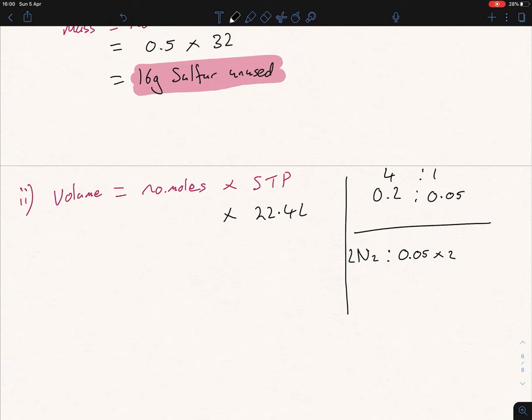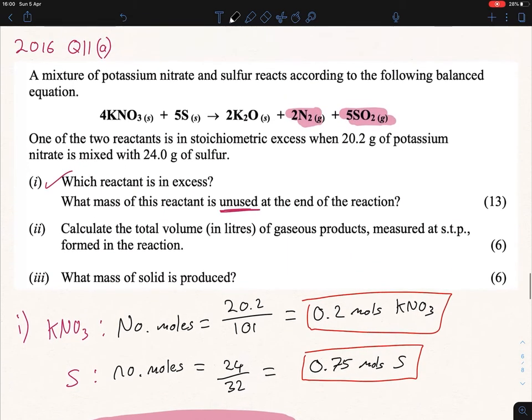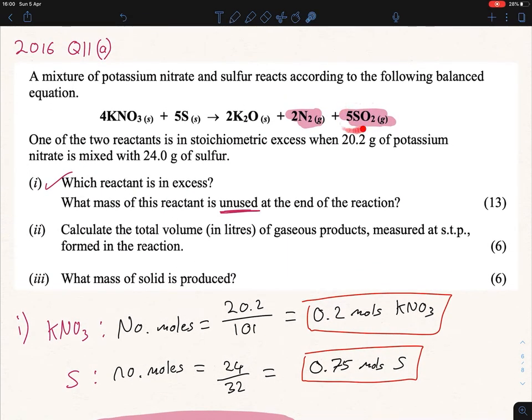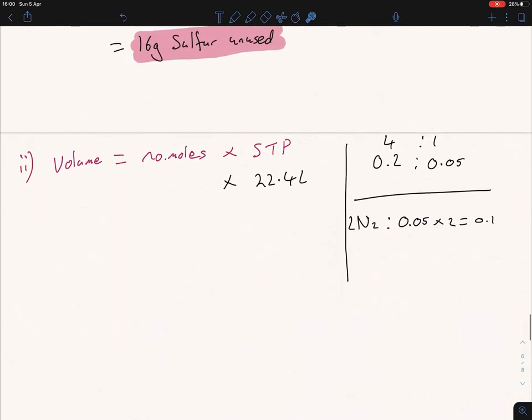And if you do that out, you only get 0.1. Next, we're dealing with 5 SO2s. Okay, so we do our same ratio again. So 5 SO2. We know what 1 is, and that's 0.05. We're going to multiply that by 5, and you're going to be left with 0.25.